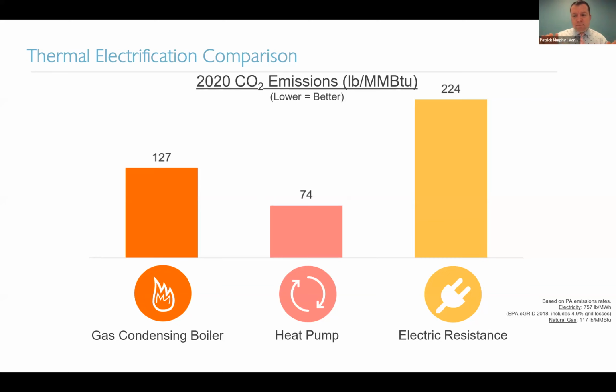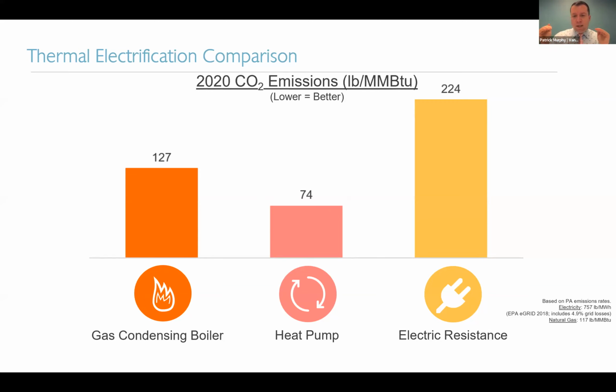Right off the bat, and this is one example for one location, and we do this for a lot of different locations, the emissions for a heat pump to produce the same amount of heat are lower than for a boiler or for electric resistance.